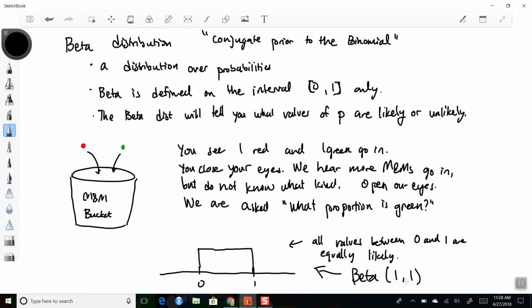Is that all right? Okay, and then we say, all right, well, if you want me to give you a better guess for what proportion is in the bucket, I've got to see some data, all right? And so to keep this proper, we are going to gather data by drawing M&Ms with replacement, okay?